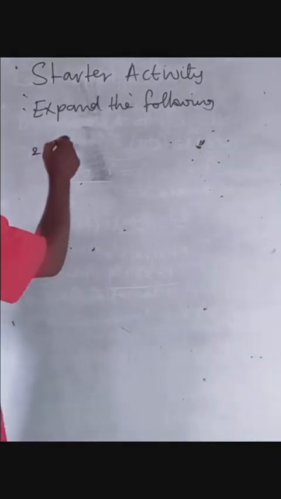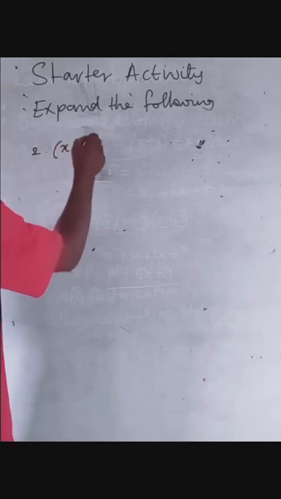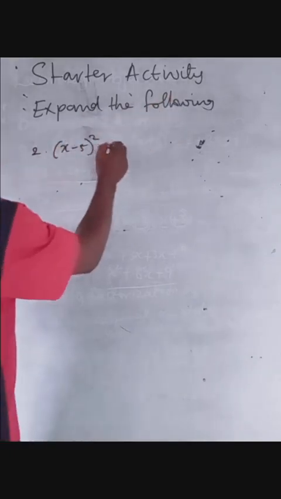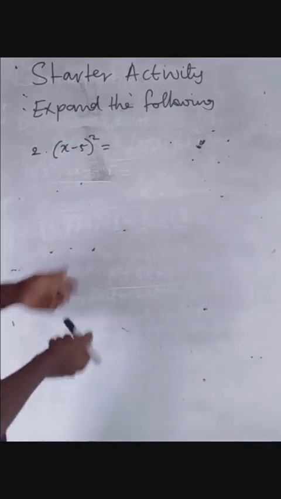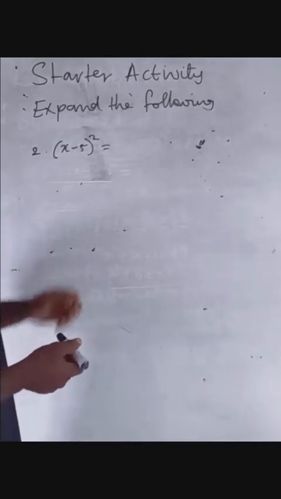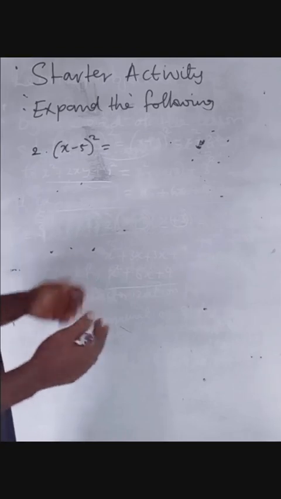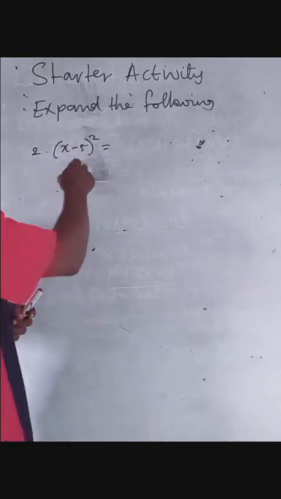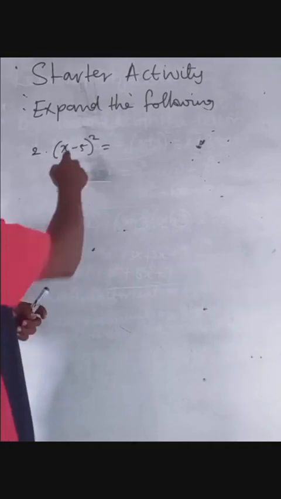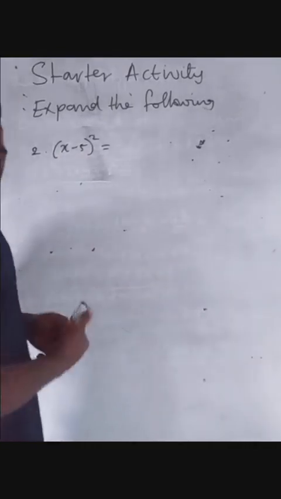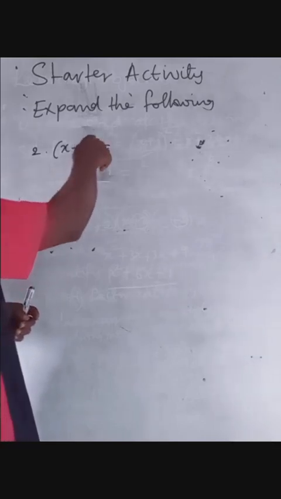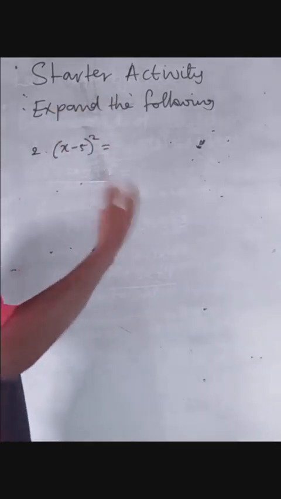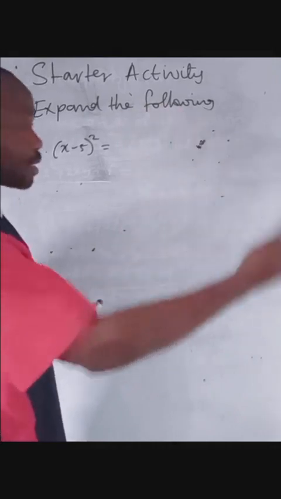Question number 2. (x minus 5) squared. Expand the following. Now when you have this type of expression, it's saying x minus 5 multiplied by itself. X minus 5 raised to the power 2 means x minus 5 multiplied by itself.